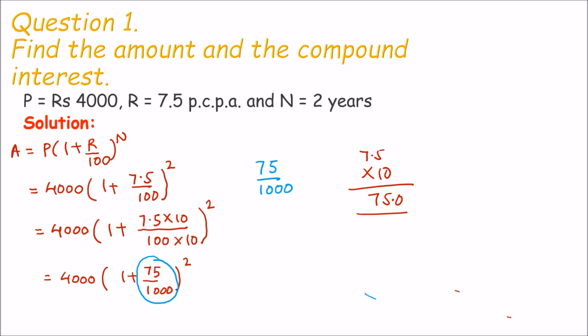Let's see what the simplest form of 75 upon 1000 is. You can cancel both numbers by 25. Both numbers come in the table of 25. So 25 threes are 75 and 25 40s are 1000. So the lowest form of 75 upon 1000 is 3 upon 40. So in place of 75 upon 1000 we will write 3 upon 40.